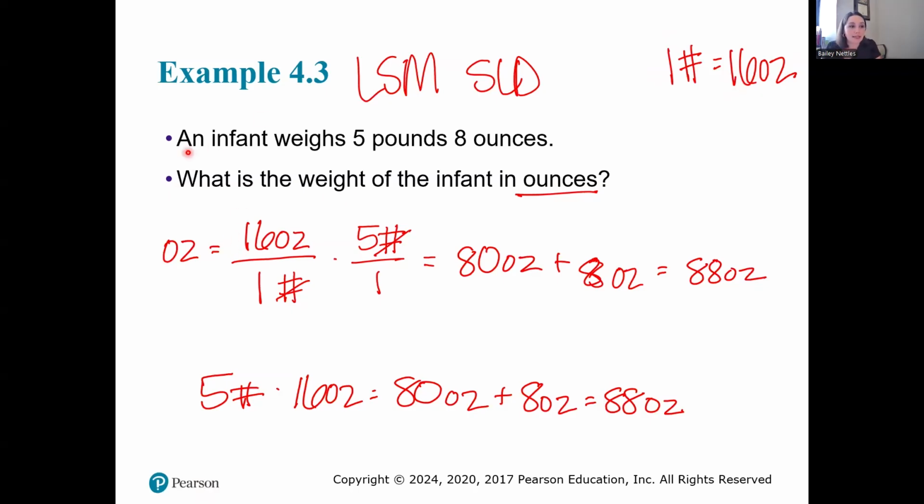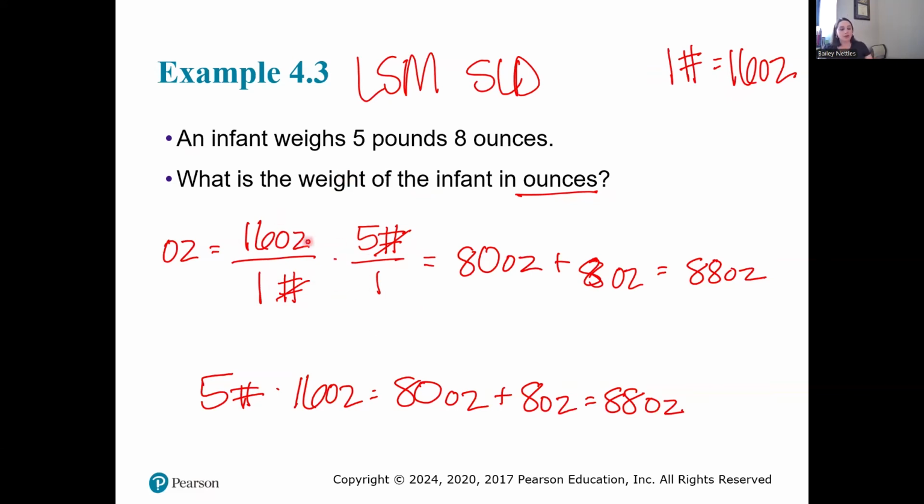I'm looking for ounces. I don't have any ounces, so I have to throw my conversion in. 16 ounces is 1 pound. Do I have any other pounds up here? Yes. I have 5 pounds. I throw in my 5 pounds. So now my pounds cross out. And we all remember back in math how any whole number is understood to have a 1 underneath it. That's where I got the 1.